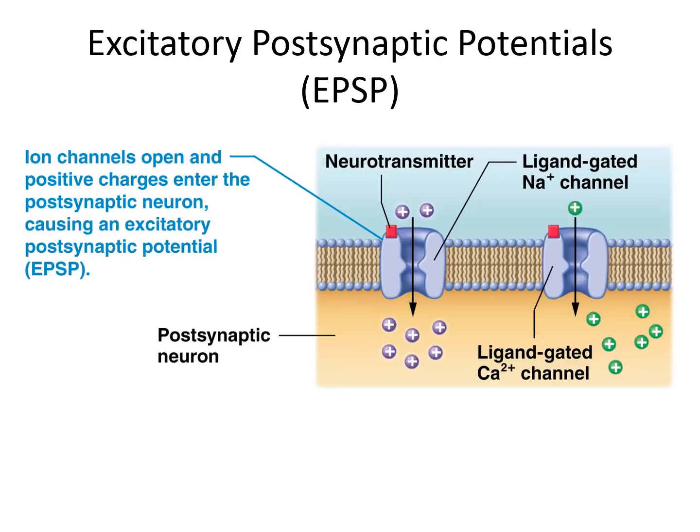So in this diagram, here we see a ligand-gated sodium channel that, upon binding of the neurotransmitter, opens to allow sodium in. On the right side here is a ligand-gated calcium channel. And of course, once the neurotransmitter binds to it, it will allow calcium to enter. Since both are cations, the positive charge moving into the cell will raise the intracellular potential, making it more positive, thereby depolarizing the membrane.